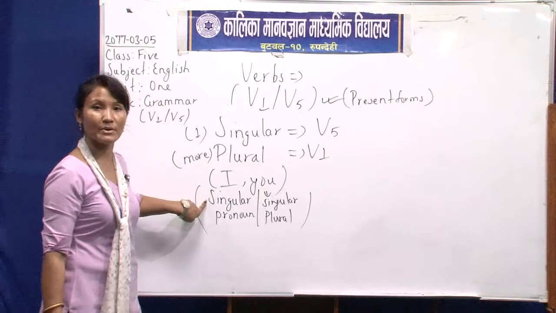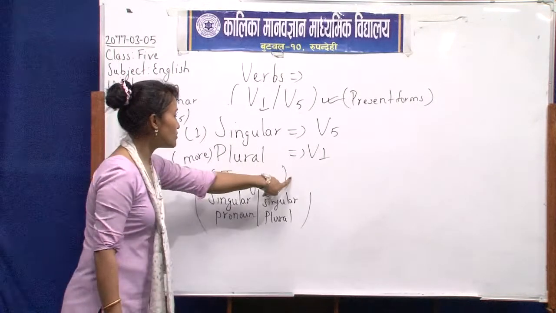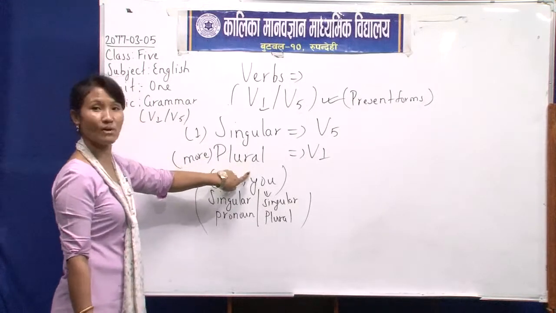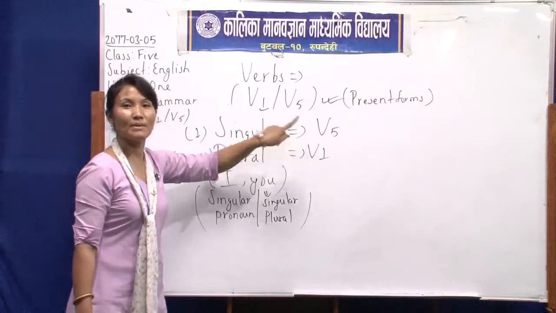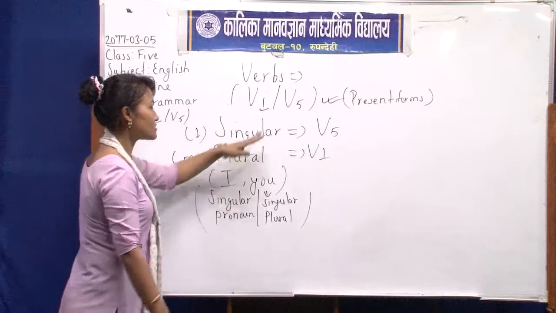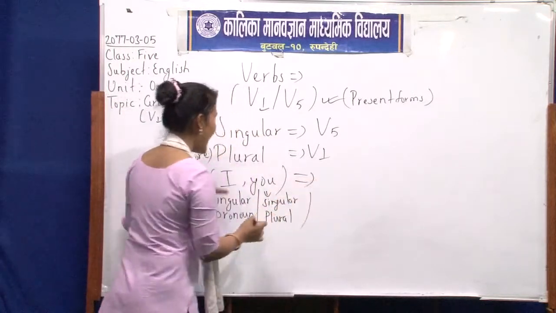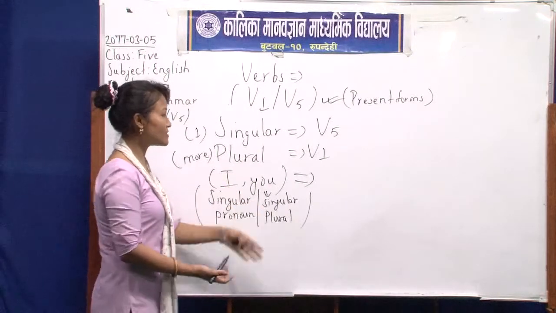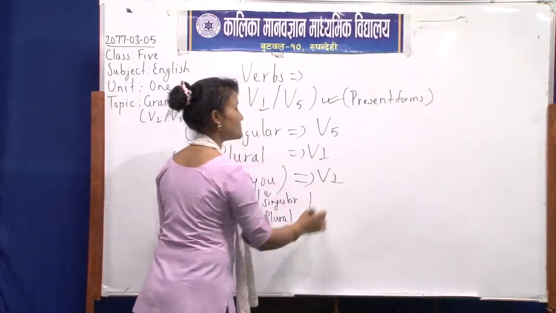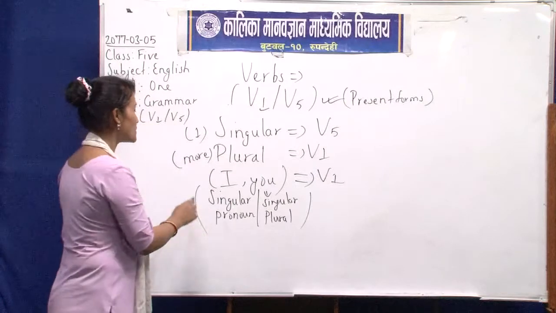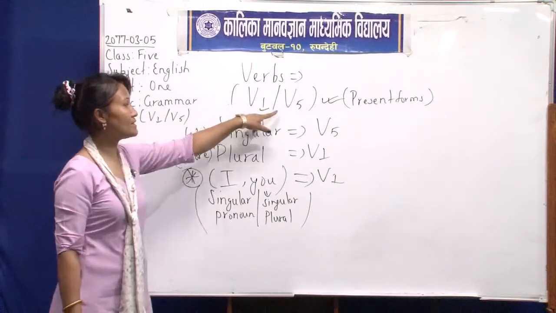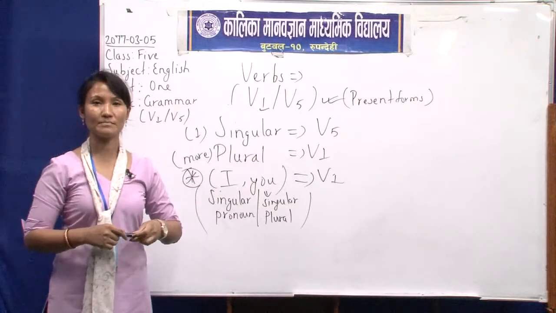But being singular pronouns, if we go according to this rule, I and you should take verb 5, isn't it? But this rule will not be applied here. I and you are very different types of things, so they are going to take verb 1. Okay? So this is the exception case about the use of verb 1 and verb 5.